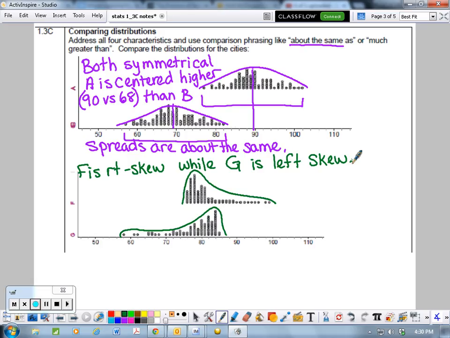And then we can look at what we would expect to be right about median or mean, or we can look at our modal groups. So definitely a modal group is higher for G than it is for F, yet our medians are really similar.